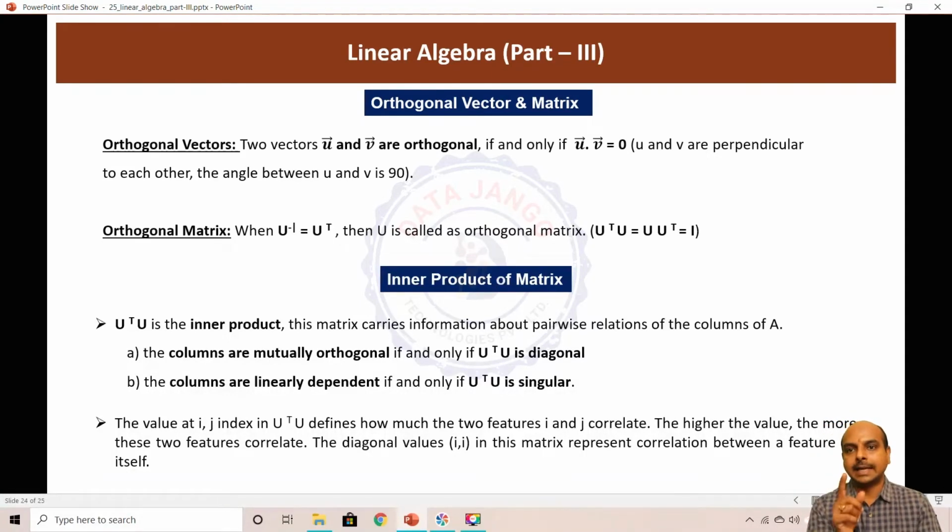When two vectors are perpendicular to each other, we call them orthogonal vectors. If a matrix contains all columns orthogonal to each other, then that matrix is called an orthogonal matrix. You see this? U inverse is equal to U transpose.